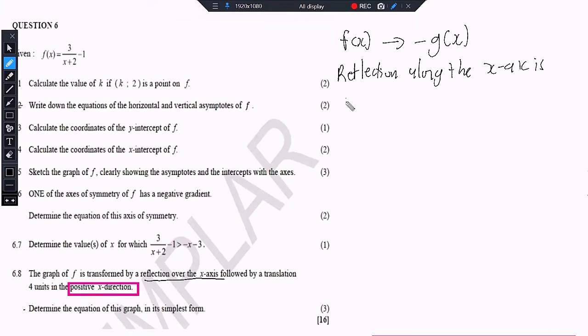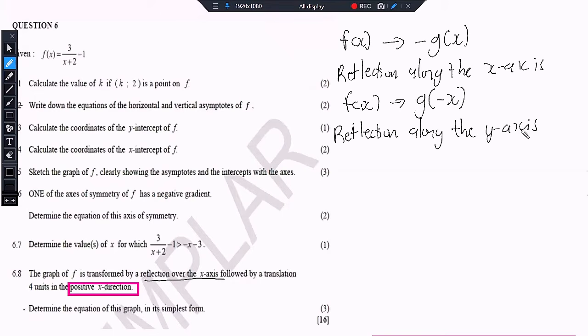But then if you have your f of x changing to g of negative x, this represents a reflection along the y-axis, right? And then I did say if you have x plus p, this represents a translation p units to the left.